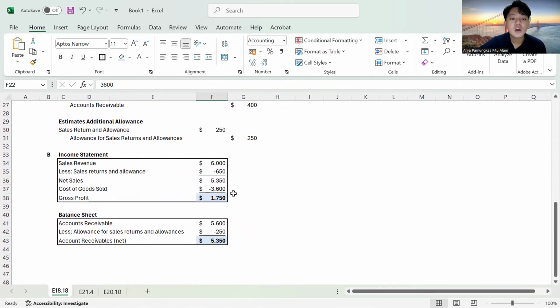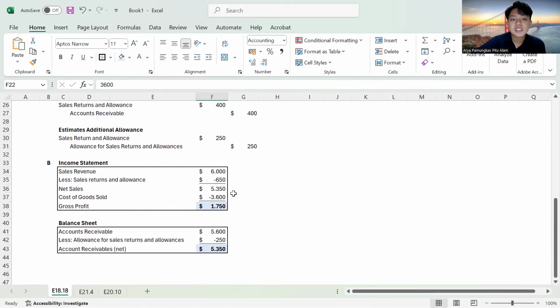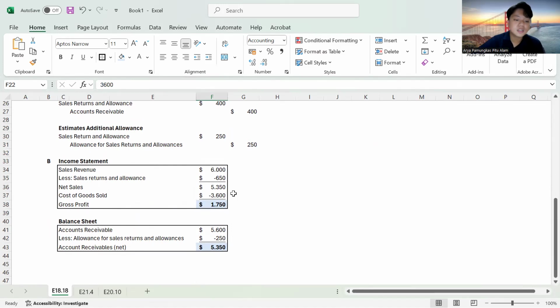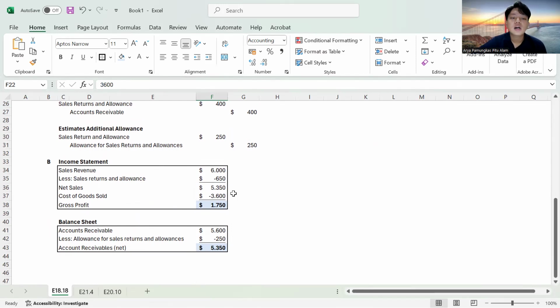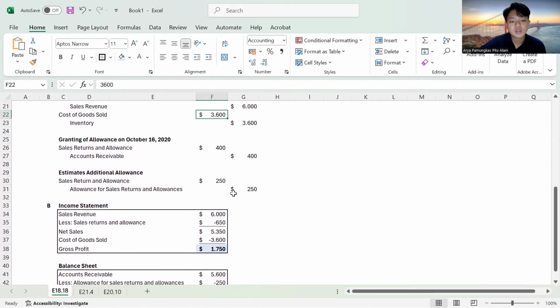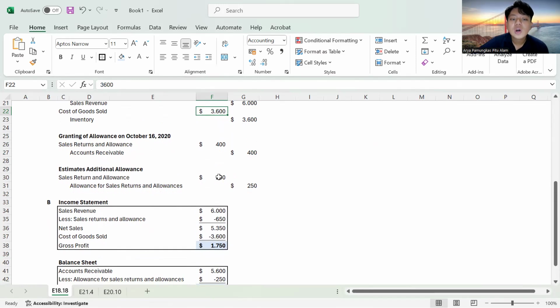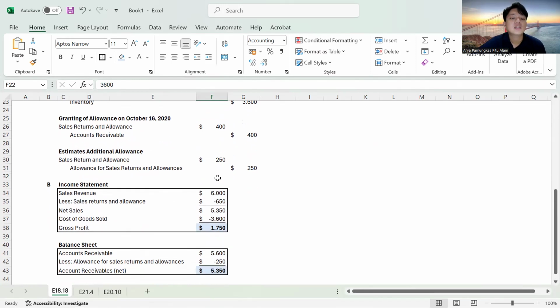As for the balance sheet, the first item we are going to input is accounts receivable of $5,600. Then we subtract the allowance for sales returns and allowances, which is $250.